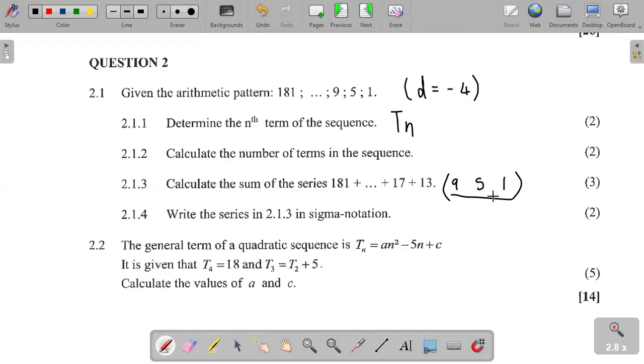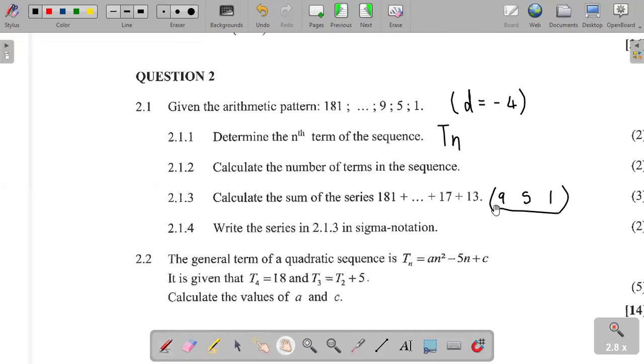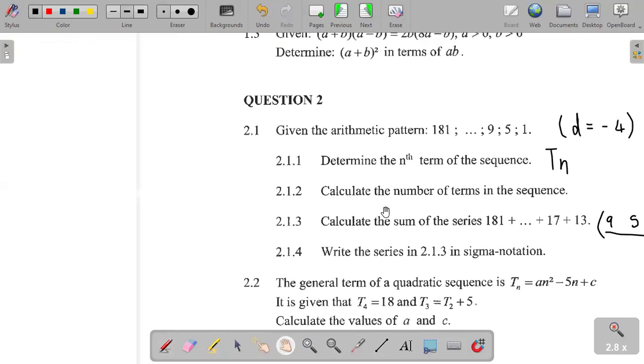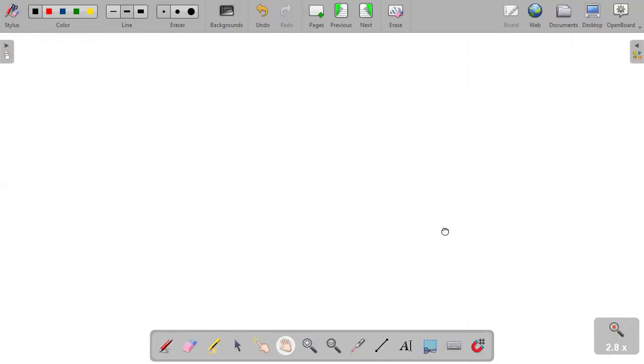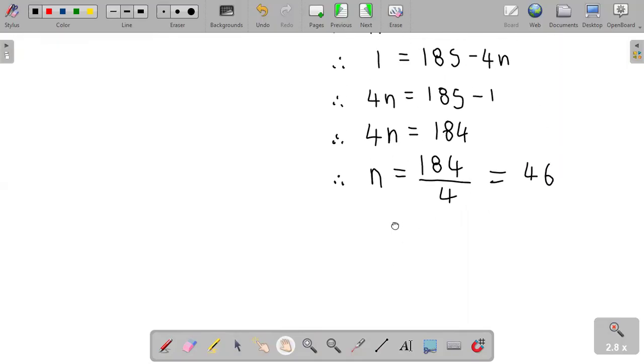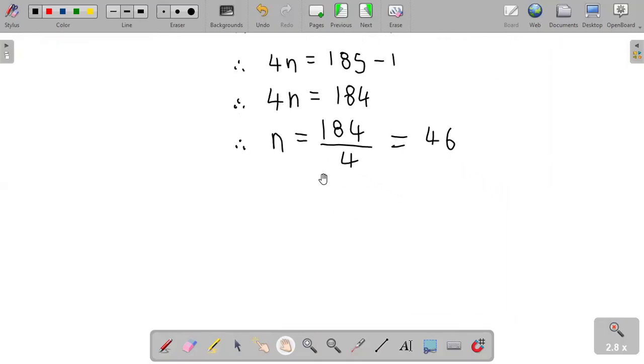So our n here, 2.1.3, is going to be 46, and then we minus 3, because there were 3 terms that were eliminated.